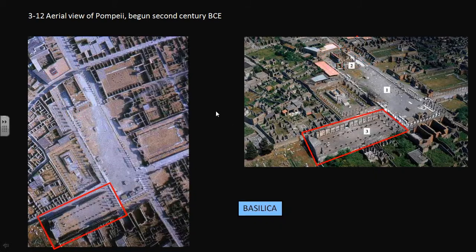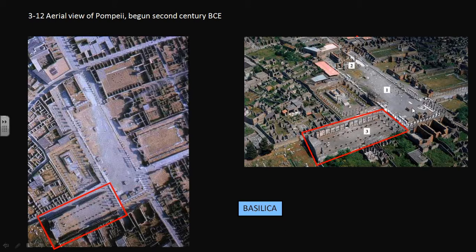It was also dedicated to Roman government, state government, because immediately adjacent to the Forum is the Basilica. Now, these days we use the term Basilica for a church, but in Roman times it was not a temple. The temple was this building number 2. Here, this building number 3 is a multi-purpose state building, and in fact the word basilica simply defined out of Latin means a long hallway, and that's exactly what it was.